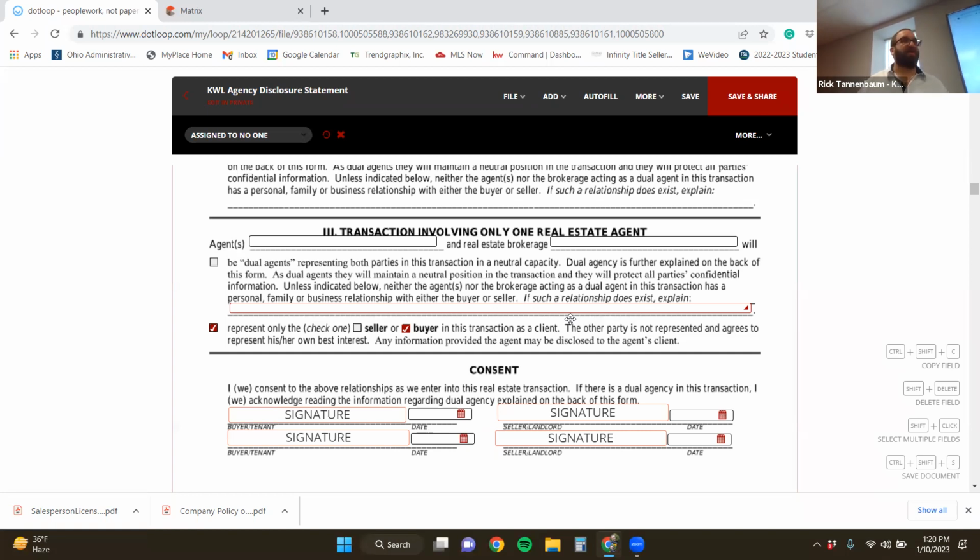The tenant says, hey, Kathleen, I want to go buy a house. Now you're going to show them houses. You have that business relationship there. That's the best example I can think of off the top of my head on the spot. But I think in that case, you should disclose that there's also a relationship, not necessarily a family relationship, but some sort of business relationship between you guys.